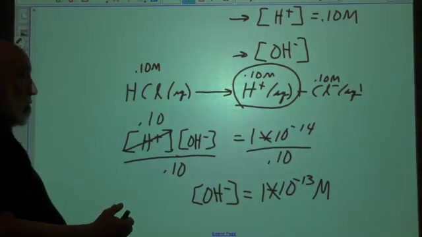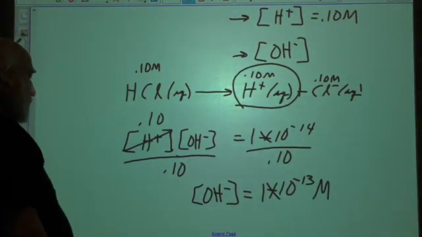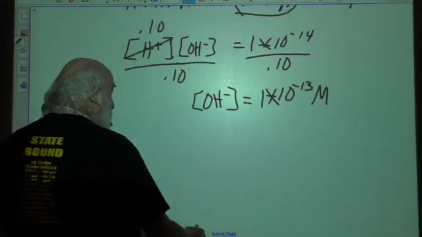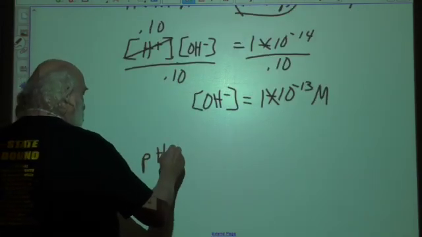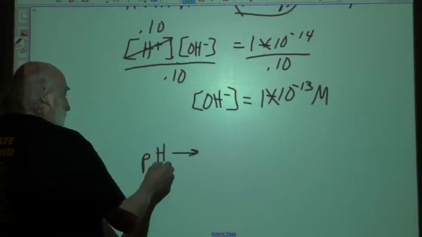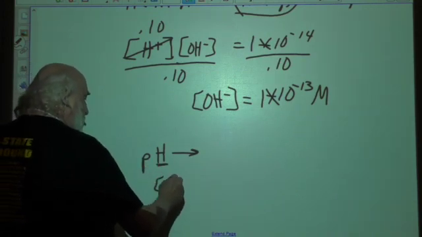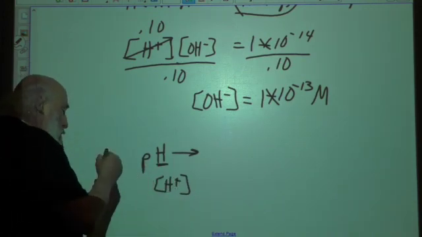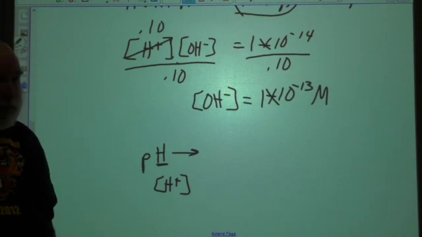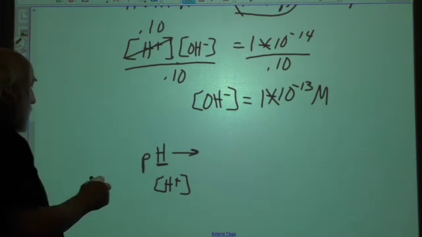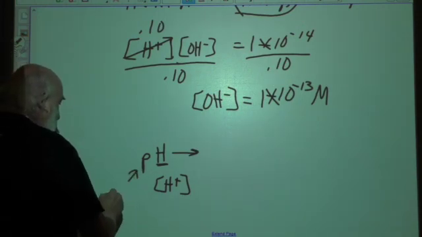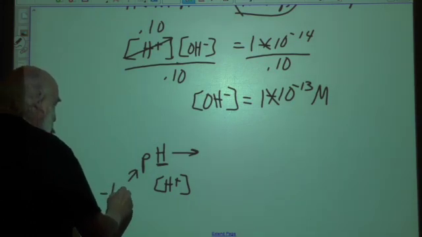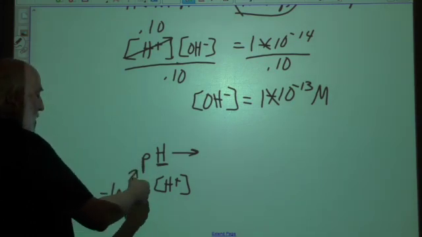Now, pH. H stands for the concentration of hydrogen. P is a mathematical process, and it is short for the negative logarithm base 10 of this value.